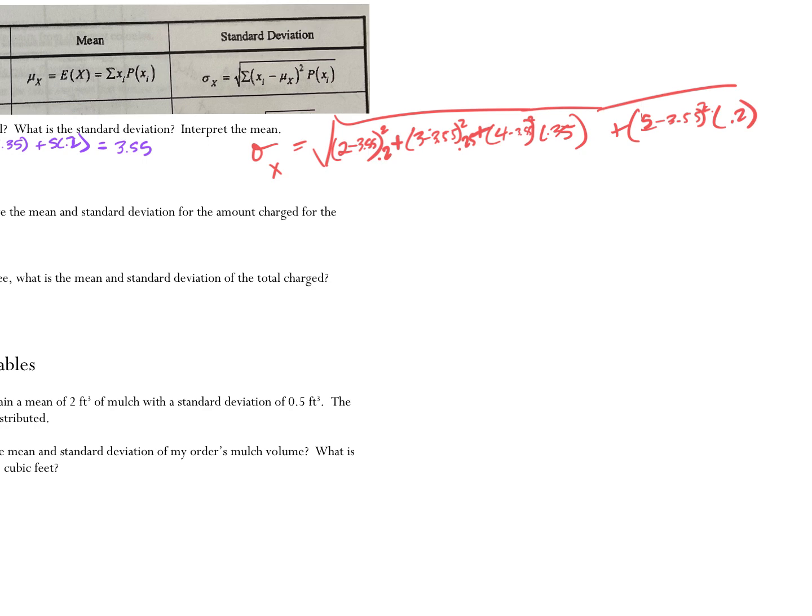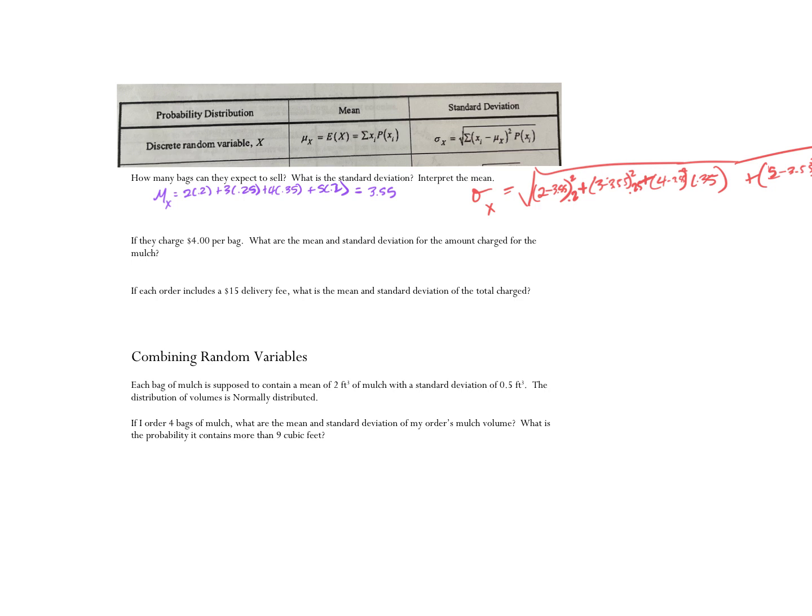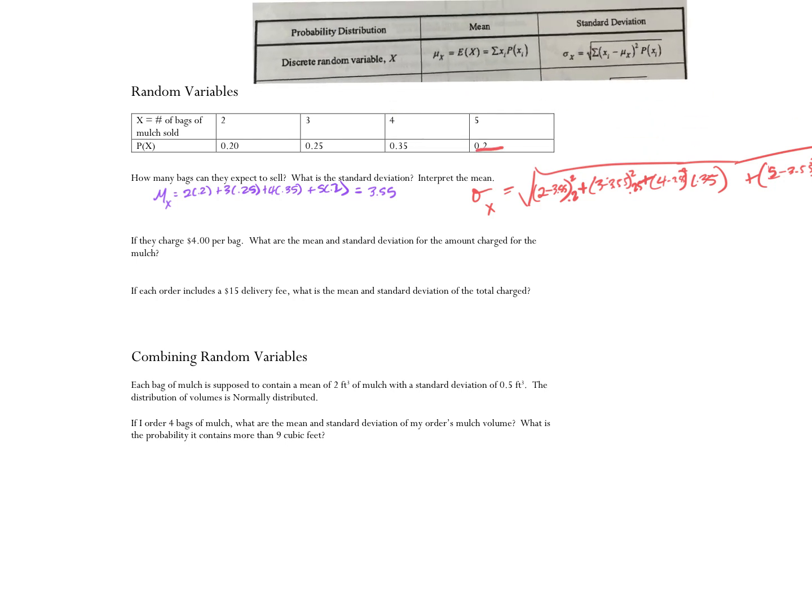Or at least I don't anticipate you having to do this during the free response section. If this was on the multiple choice, you could throw these in L1, these in L2, and use your probabilities as a frequency list and run the one variable stats.